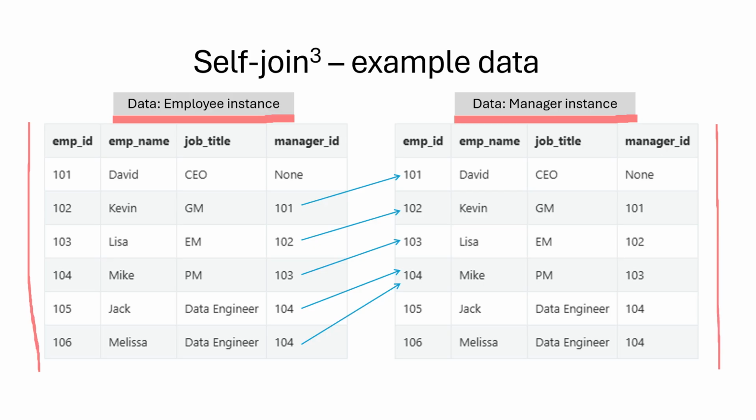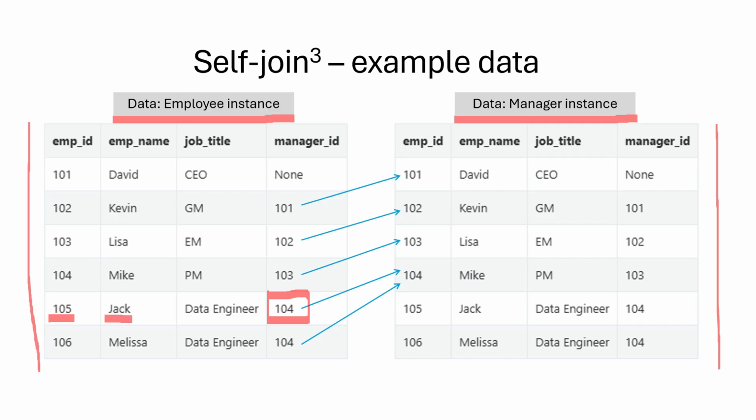Now, let us say we want to retrieve the details for employee ID 104. While most of the employee details are available in the employee instance itself, we don't have the manager's name and manager's title in this employee instance itself. However, we do have the manager ID for Jack.